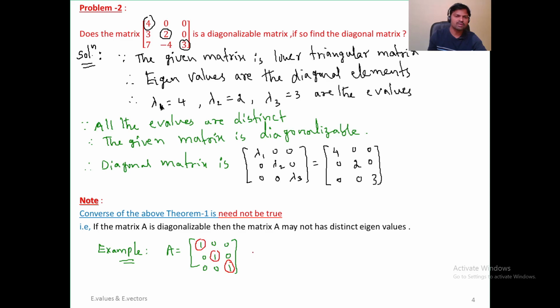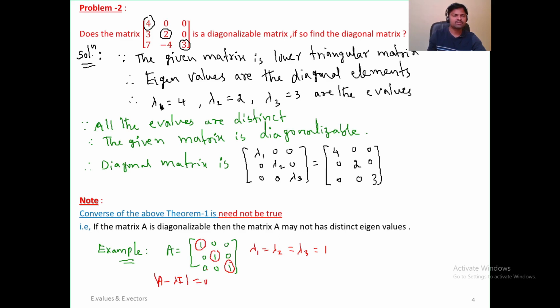Therefore, clearly lambda 1 is equal to lambda 2 is equal to lambda 3 is equal to 1. Or you find the characteristic equation, A minus lambda I equal to 0. What is A minus lambda I? 1 minus lambda, 1 minus lambda, 1 minus lambda.